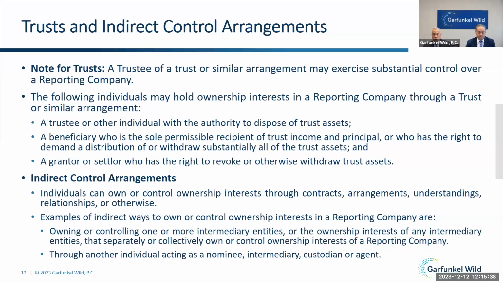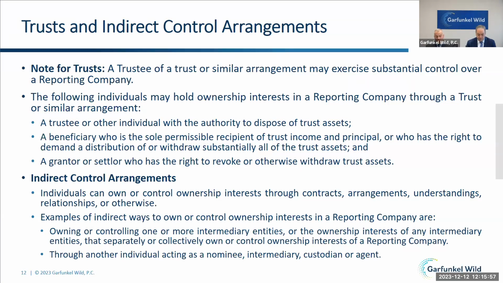Trust and indirect control arrangements. A trustee of a trust or similar arrangement may exercise substantial control over a reporting company. Now, as David had indicated before, we're contemplating business trusts. These are trusts that are formed through the filing of a document with the Secretary of State or similar office.